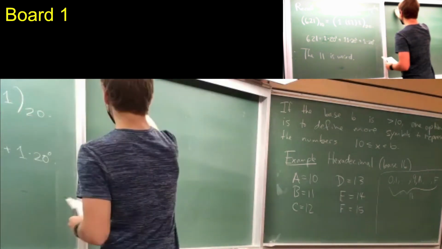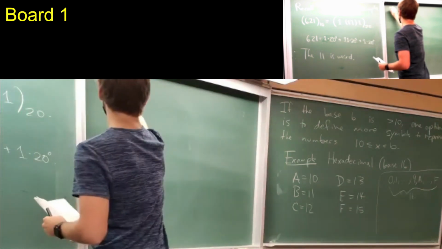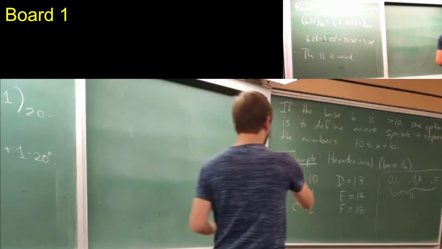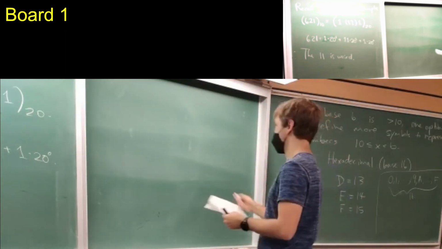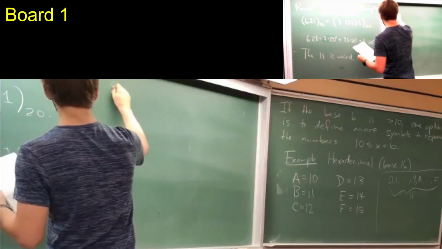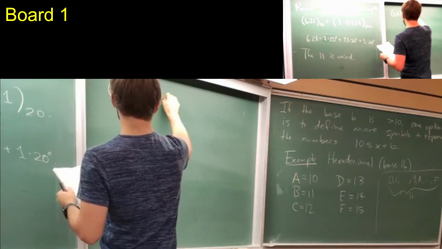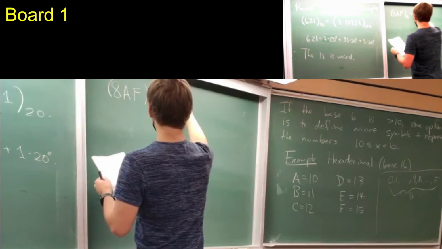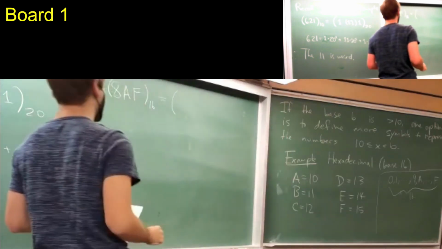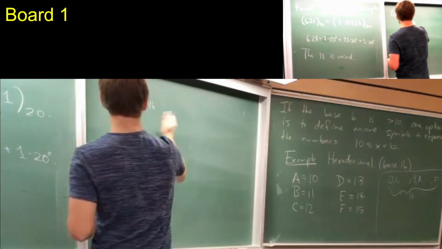Okay, so just a quick example with hexadecimal. If we define our symbols in this way, then if I take, let's say, 8AF in base 16, what is this in base 10?